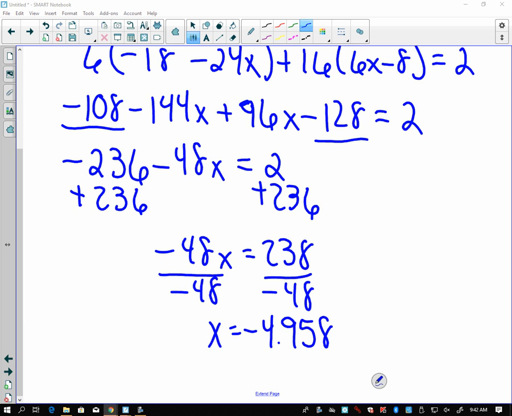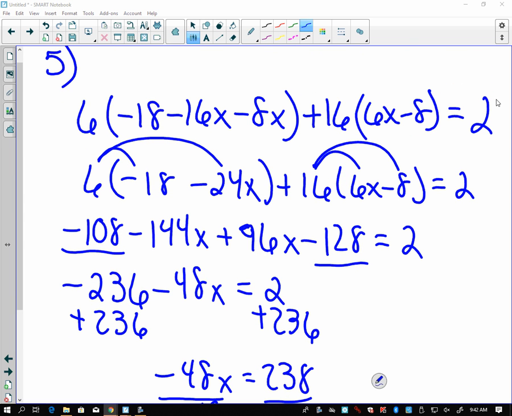I kind of want to double check a few things here and make sure all our addition is right. 6 times negative 18 is negative 108. 6 times negative 24 was negative 144. 16 times 6 was 96. 16 times negative 8 was negative 128.